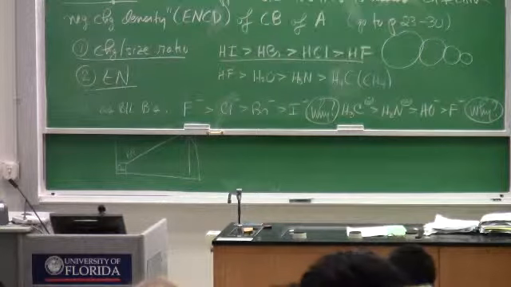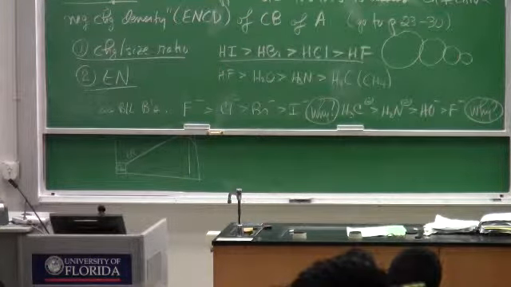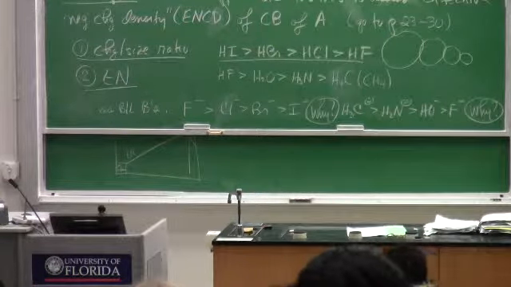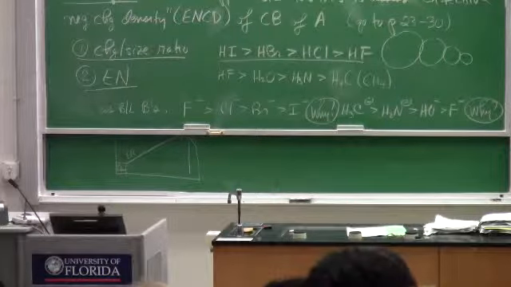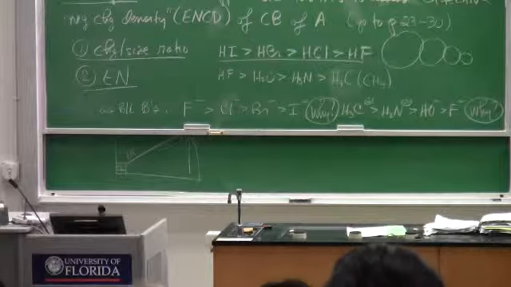Does that fit the facts? No. That doesn't fit the facts, because we know for a fact that of these four halogen acids, I minus is weakest and F minus is strongest. So the electronegativity based argument is no good.